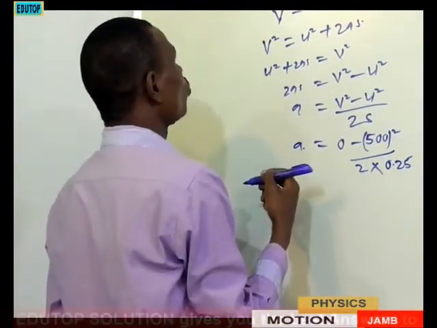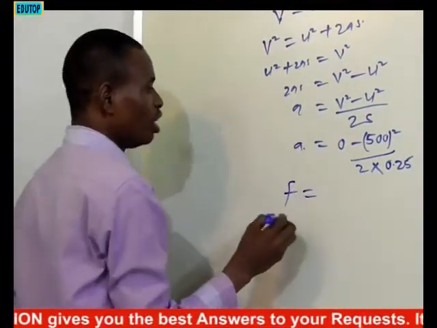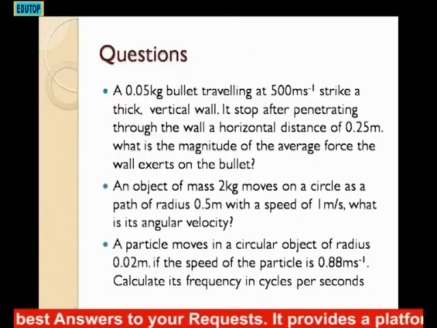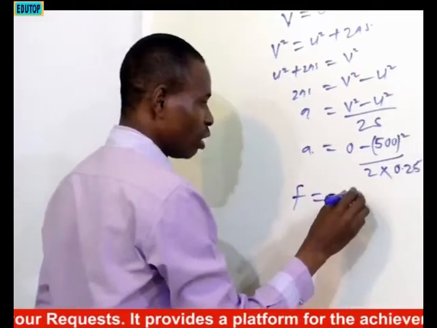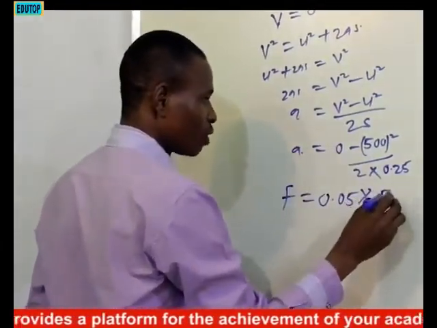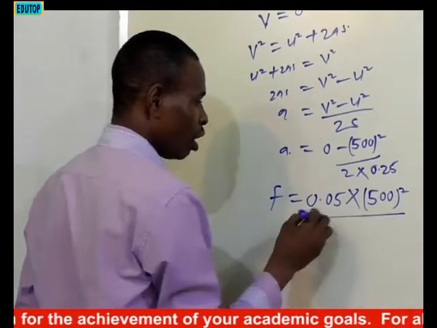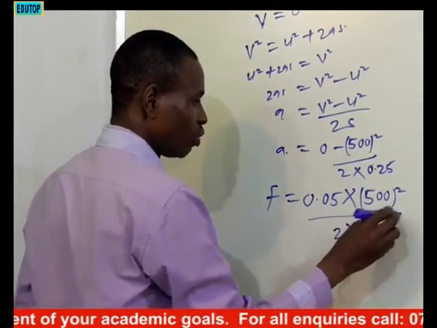If we are to calculate the magnitude of the force now, it's going to be m times a, where m, our mass, is 0.05, times the acceleration, which is 500 squared, all divided by 2 times 0.25.